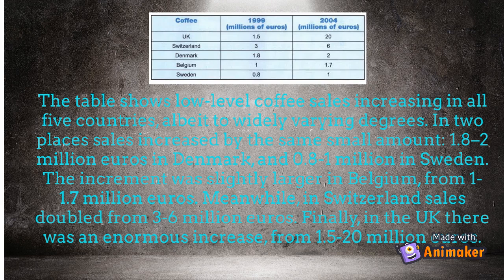The increase was slightly larger in Belgium, from 1 to 1.7 million euros. Meanwhile, in Switzerland, sales doubled from 3 to 6 million euros. Finally, in the UK, there was an enormous increase from 1.5 to 20 million euros.